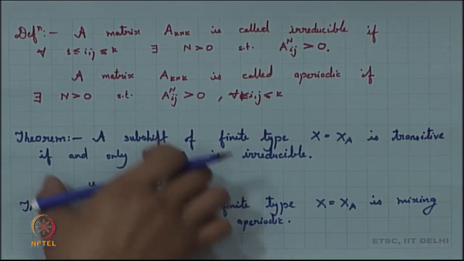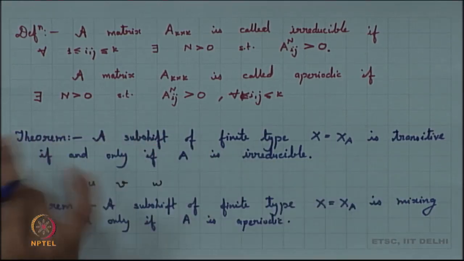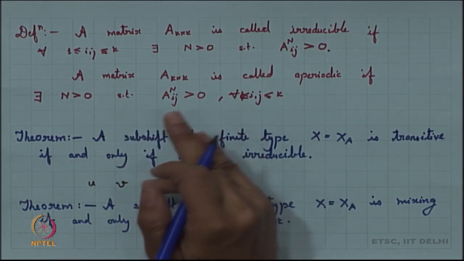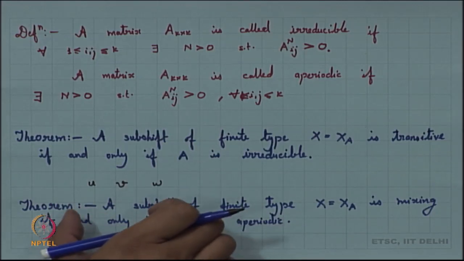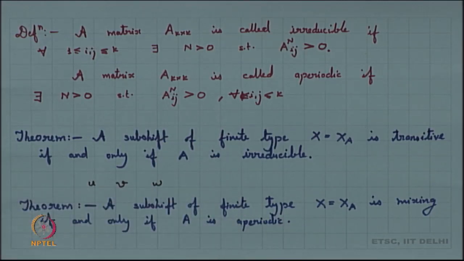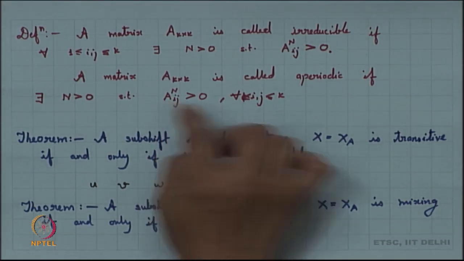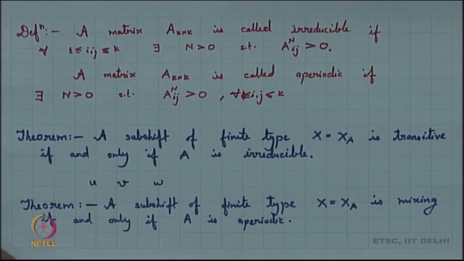Now, this again has the same proof here, because what you are doing is you are starting with u and w, and you want to say that you can always sandwich a word of any length between u and w. So, what happens here is we know that you start with any two vertices, your a^n(i,j) is always positive.